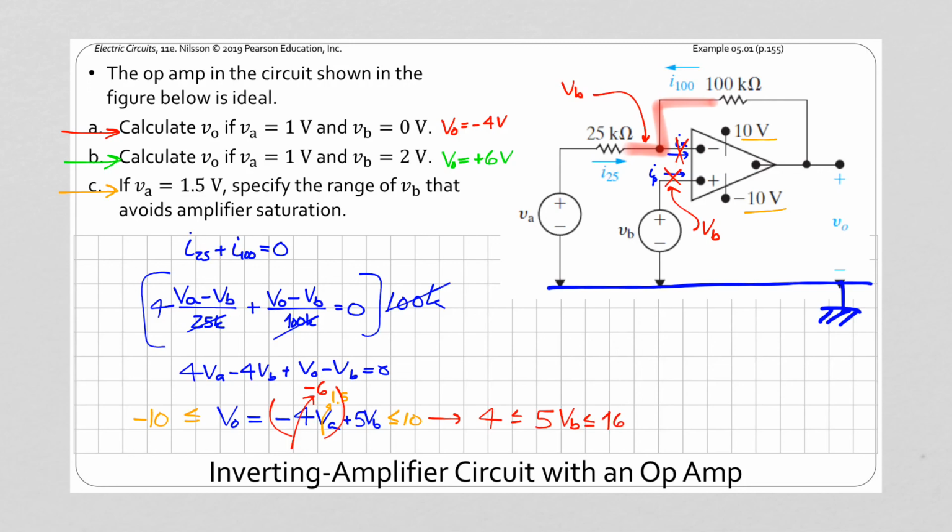And so then when I divide through by 5, I have a range of values now that VB can be. And as long as VB is in this range, it means that VO is in that range, which means we're in the linear region, and we are avoiding saturation in that case.